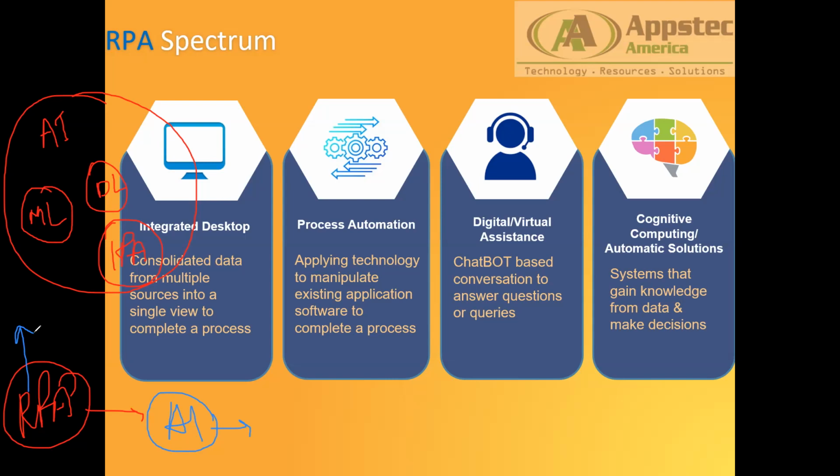Now, to get the decision making skill incorporated, I need to bring in technology like AI. So the moment I put AI as a part of my process automation, it becomes intelligent process automation, where now I can ask the system to go and make a decision on its own, driven by the data that I have ingested into my system. And this is what is contributing to the cognitive computing or cognitive behavior of systems.